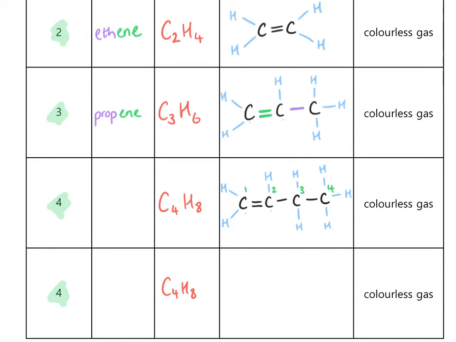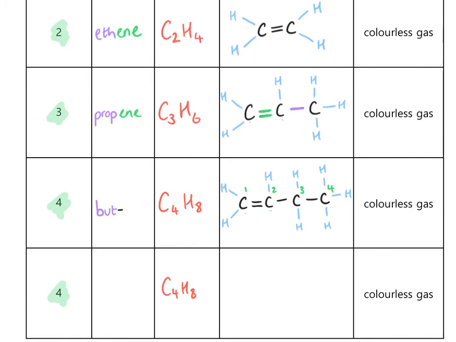So actually this, numbering it from left to right, is the correct way to number it, because we can see our double bond in this case is between carbon 1 and carbon 2. And we actually incorporate that into the name, and it comes in between the start of the name and the end of the name. So our name still starts with but, B-U-T. But instead of going straight to the ending, I actually put a little dash in.